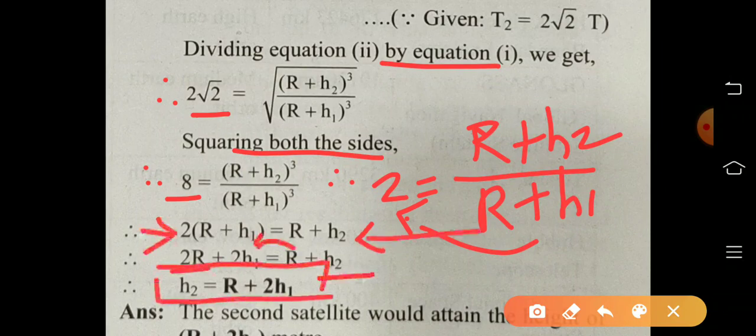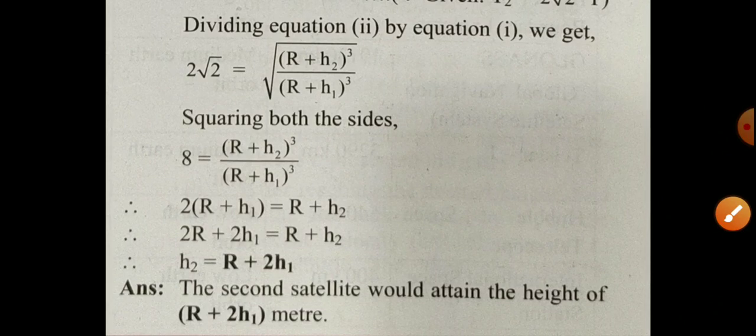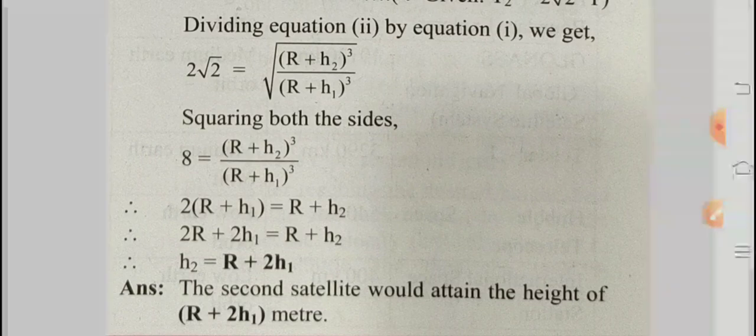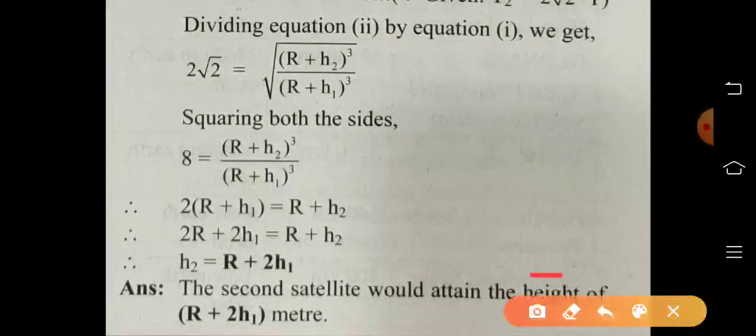So what are we getting as the answer? Height H2 is equal to R plus, R means radius of the Earth, plus 2 times H1. So what is the final answer we are writing? The second satellite would attain the height of R plus 2H1. This is nothing but the height, and that's why we are writing the SI unit meter.